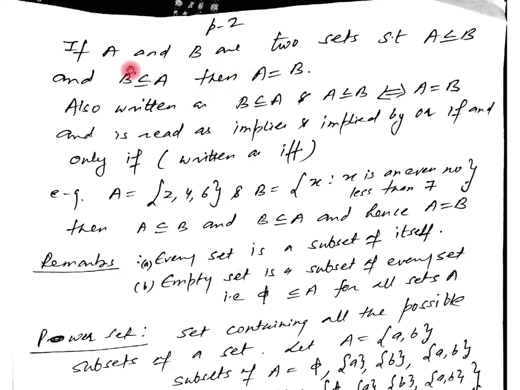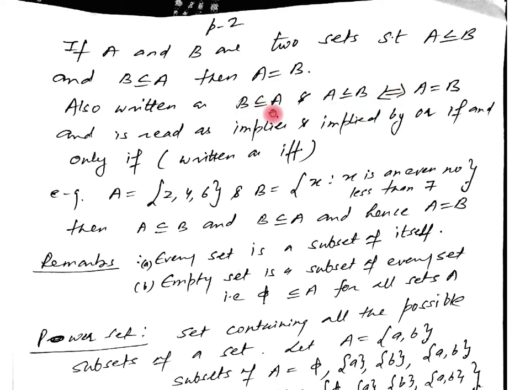You can say if A and B are two sets such that A is a subset of B and B is a subset of A, then we can write A equals B. Moreover, it can also be written as B is a subset of A and A is a subset of B if and only if A equals B. This is the sign of if and only if.